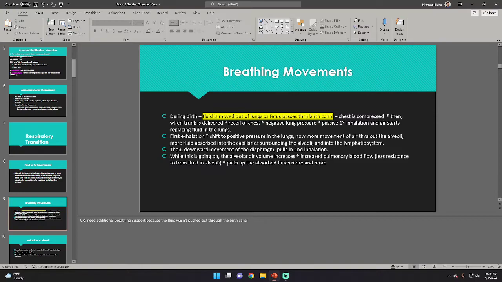Okay, with the first exhale, shifting to positive pressure in the lungs, now more movement of the air goes through the alveoli, able to be absorbed and allowing oxygen to go into the capillaries. And then, of course, the downward movement of the diaphragm pulls in that second inhale. While this is going on, the alveolar air volume increases, leading to increased pulmonary blood flow, and it's able to pick up absorbed fluids more and more.